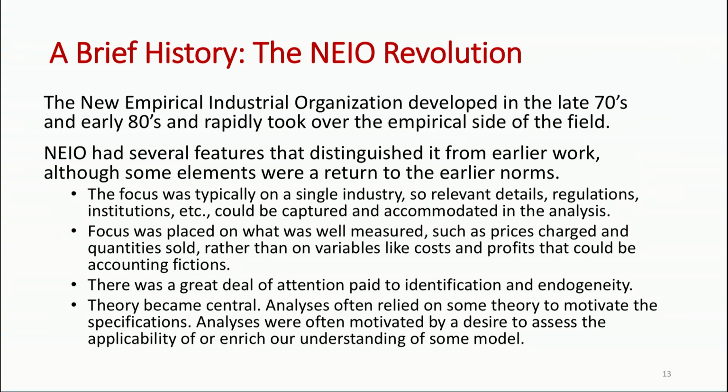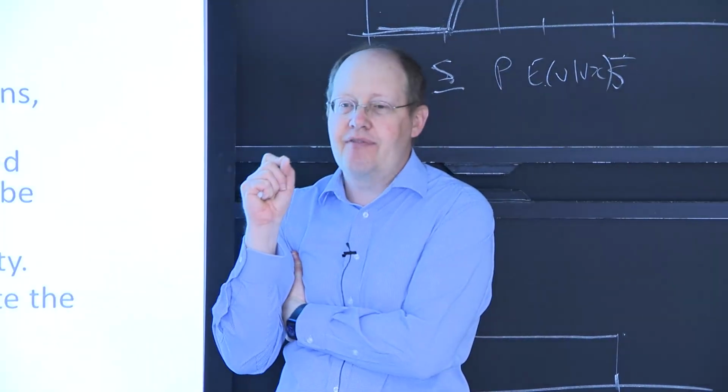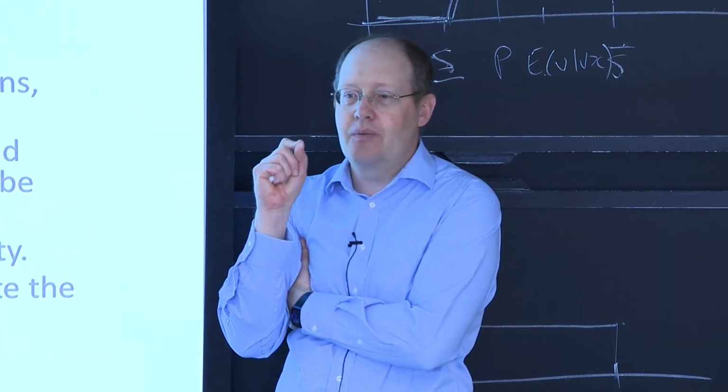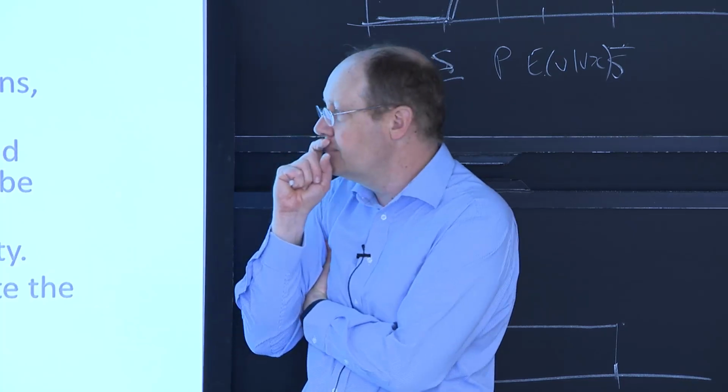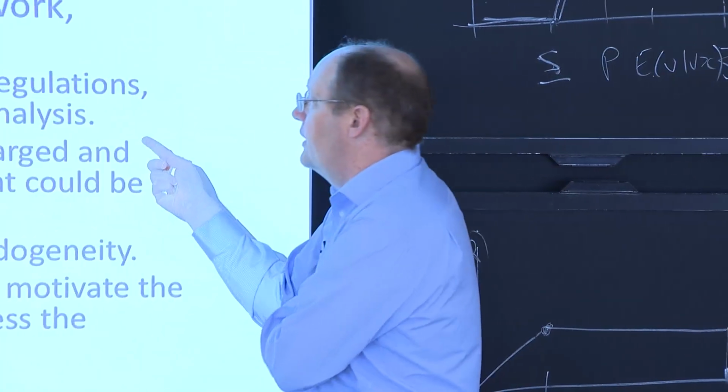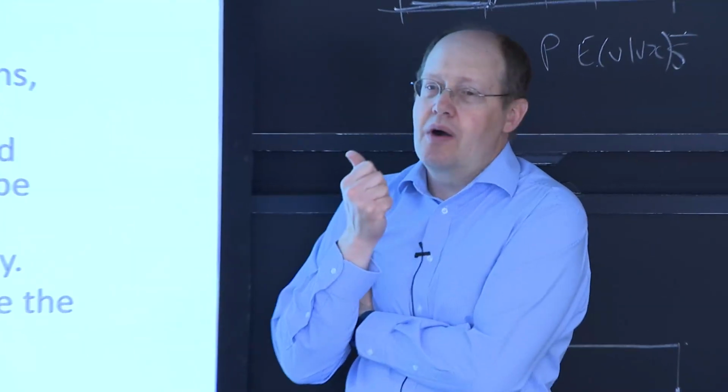What happened in NEIO? So one is it went back to the 60s and went back to people writing papers about single industries, that everyone thinks that there are a lot of specific things about every industry that matter, so we need to study it one industry at a time and control for all those factors that should be on the right side. There was an emphasis on using what was well measured.